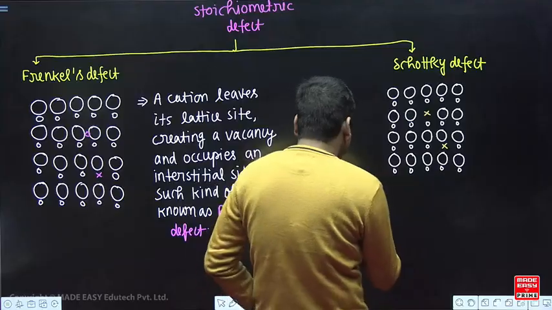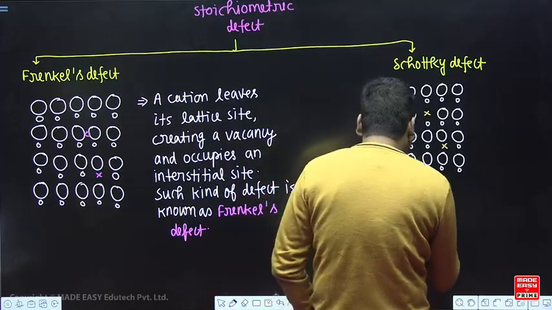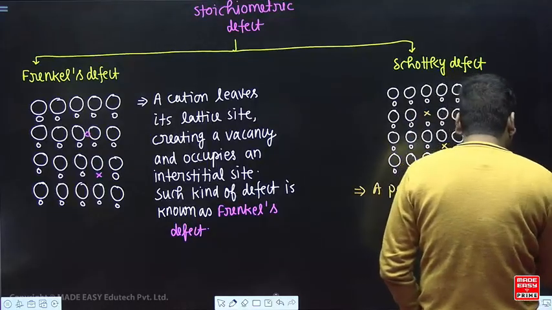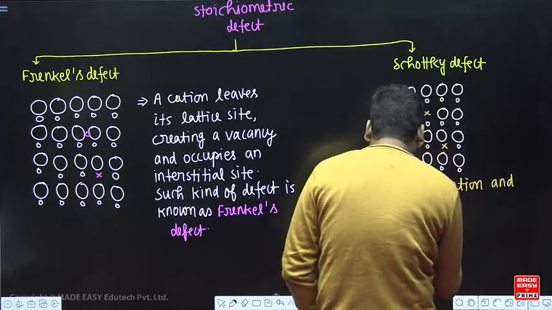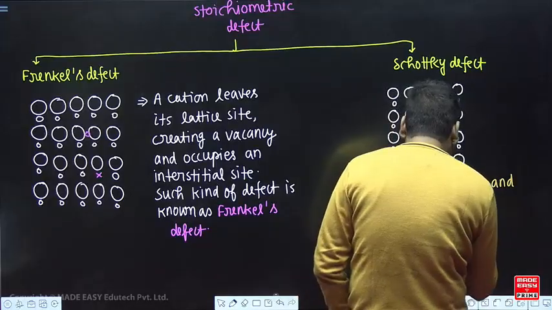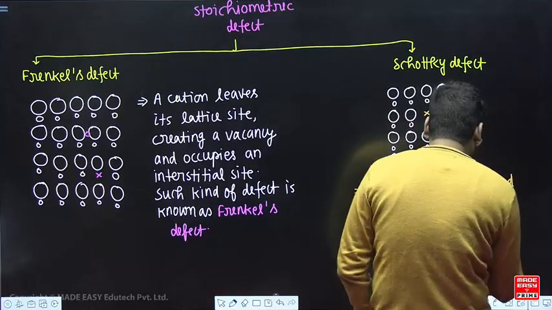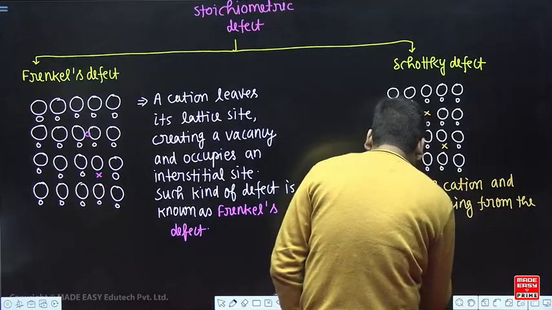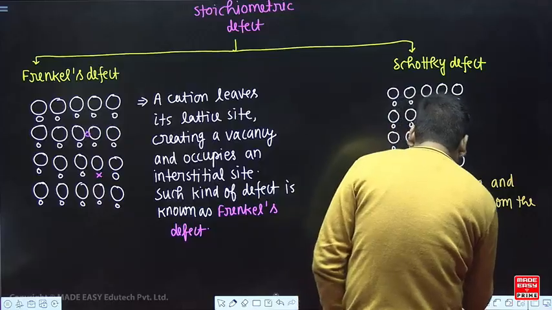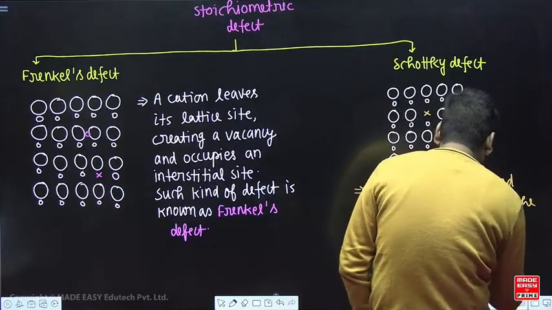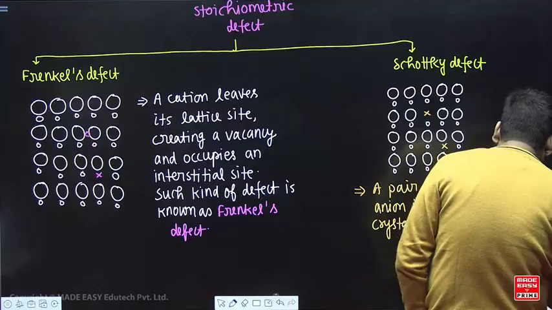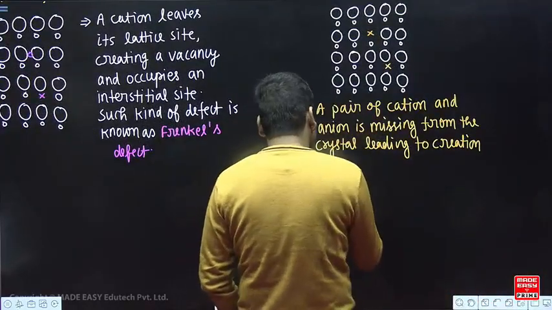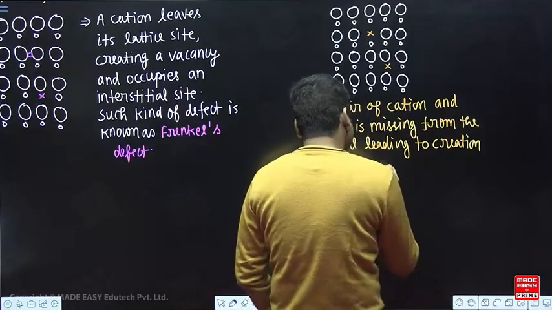So you can write: a pair of cation and anion is missing from the crystal, leading to the creation of vacancy defects.